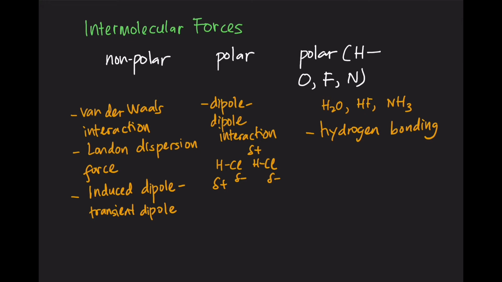Suppose we have water, so it should look like this with two lone pairs. Then the oxygen of one H2O will interact with the H that is bound to a different molecule of H2O. And this interaction is what we call the hydrogen bonding.